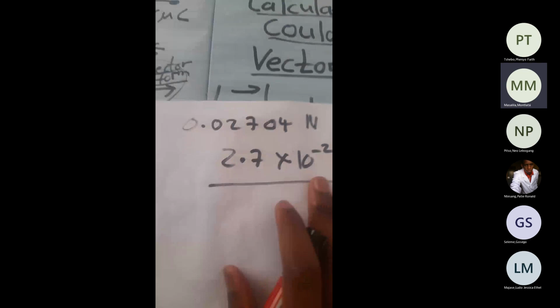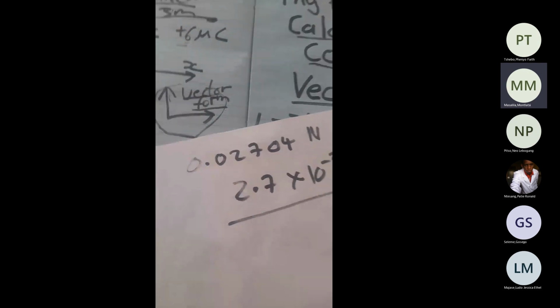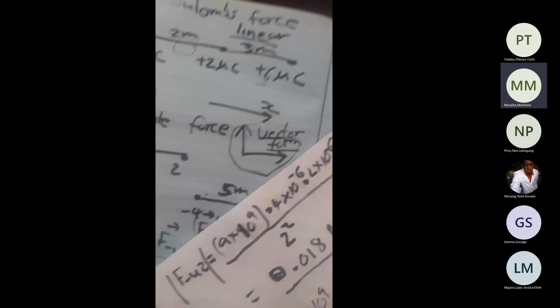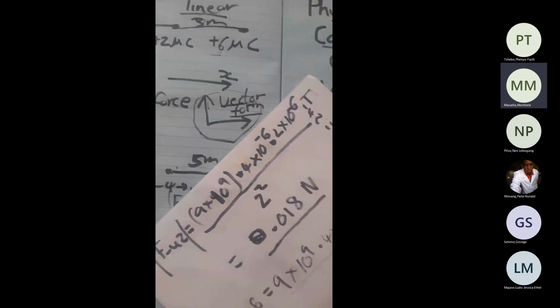So we are done now calculating Coulomb's law in a linear form. Let me start by explaining it again for the sake of those who just arrived late.